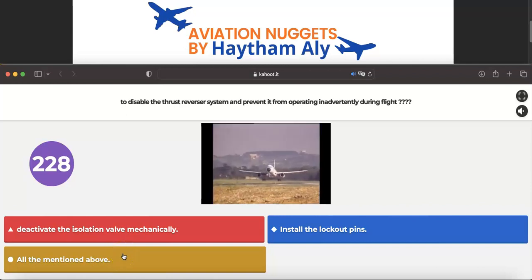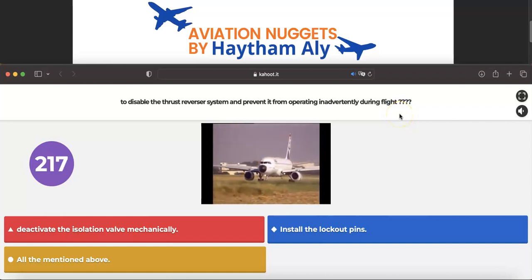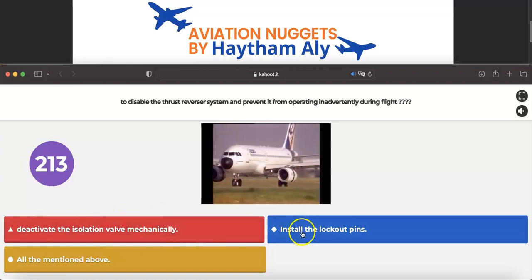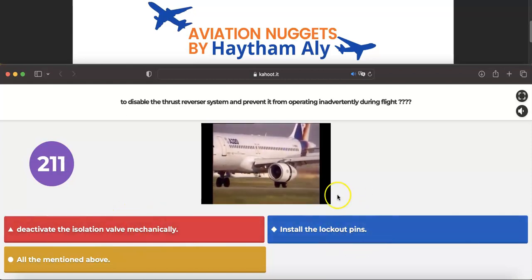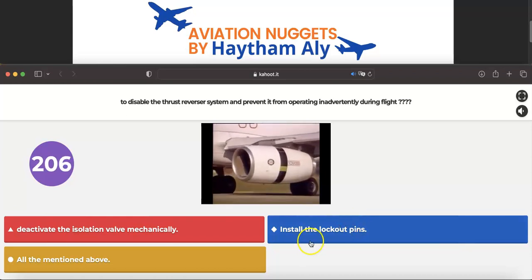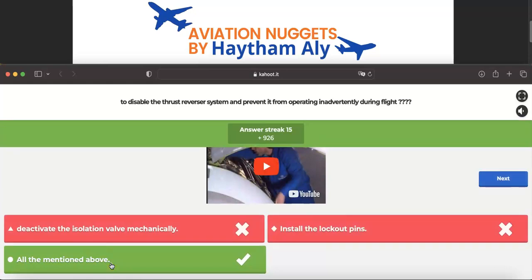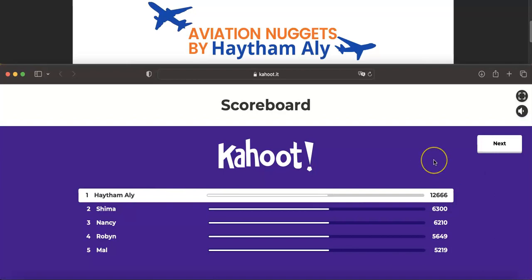As I told you, if you need to disable the thrust reverser system and prevent it from operating inadvertently during flight, it is called thrust reverser deactivation for flight, and we need to do hydraulic deactivation and also mechanical deactivation. Both of them must happen. So the right answer is all the mentioned above. Okay, everybody, let's proceed to the next question.